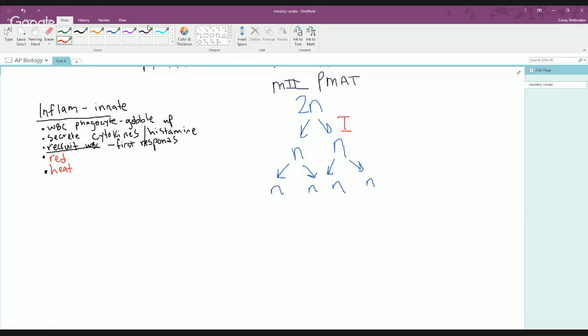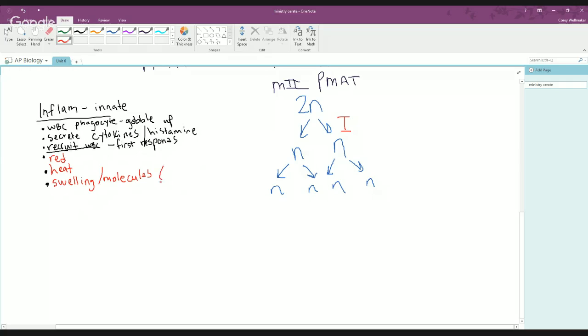Some other symptoms include pain. As the fluid builds up in your tissue space, your interstitial space, that swelling is going to press on nerve endings. And also some of the molecules that are secreted by your immune system are going to cause pain neurons to depolarize.